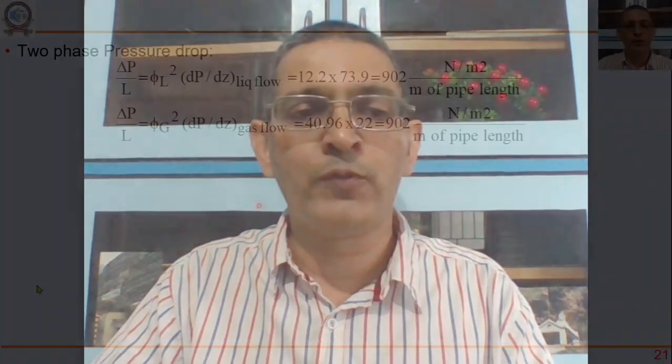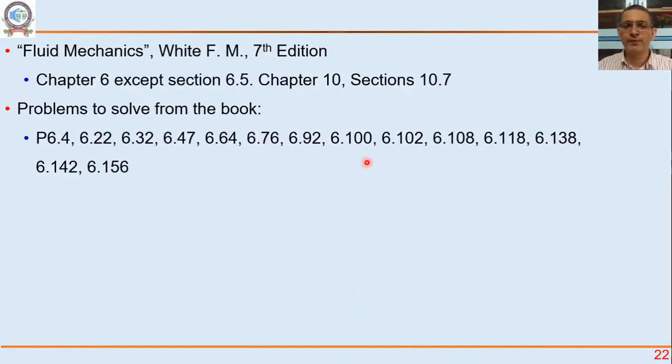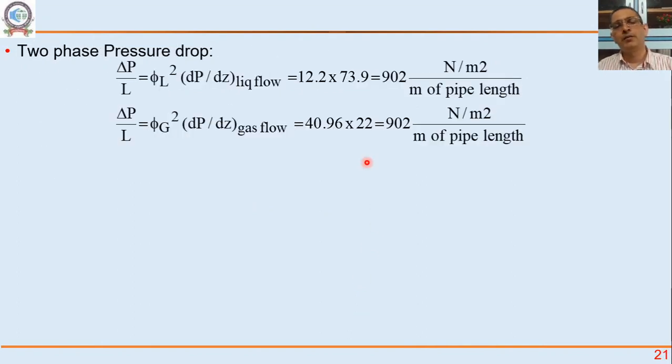The sizes and the layouts have to be designed to account for this two-phase flow. So this is a very important part, and although in your undergraduate course you may not use it very often, this is a very important consideration, the two-phase flow.